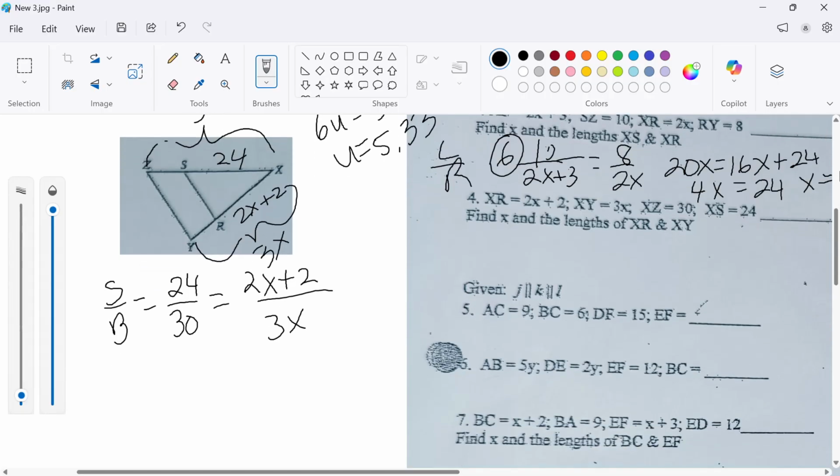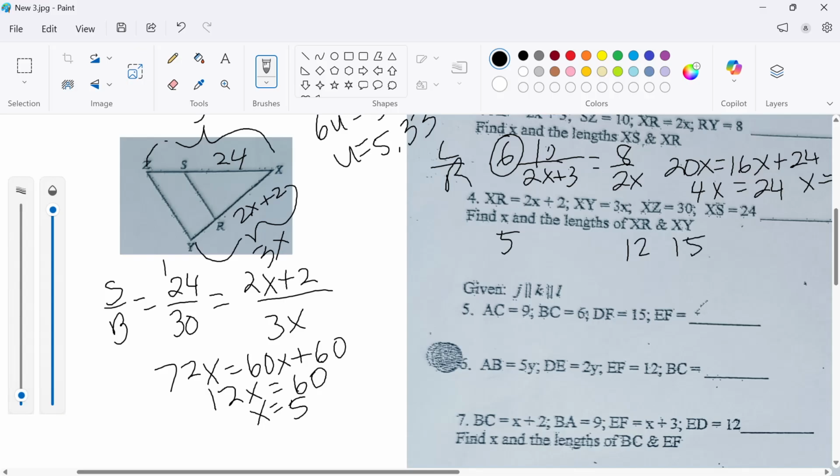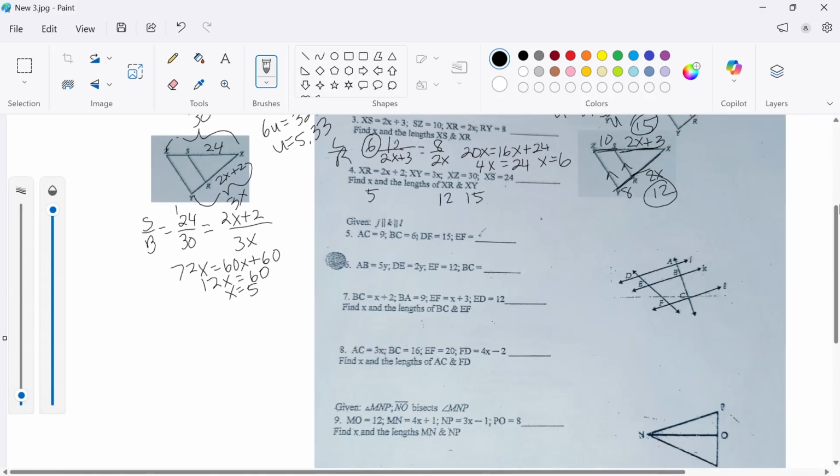So I will cross multiply. 72x equals 60x plus 60. I will subtract 60x from both sides. 12x equals 60. X equals 60 over 12, which is 5. So x is 5. XR is 10 plus 2 is 12. XY is 15. Okay, that's it for that picture.